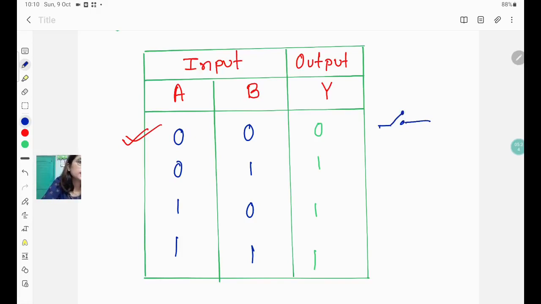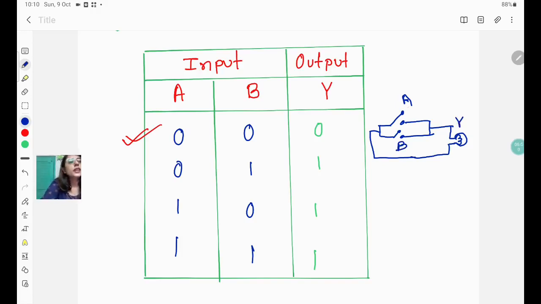This one is a key, this one is also a key, and we are putting the 2 keys parallel to each other, and we are using a lamp here. So this is A input, this is B input, and the Y output is the lamp.